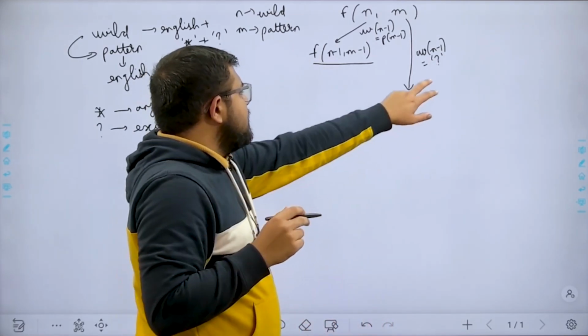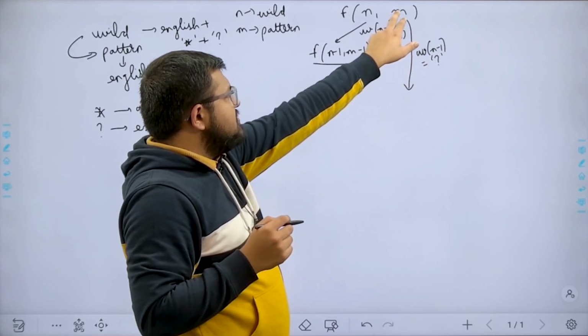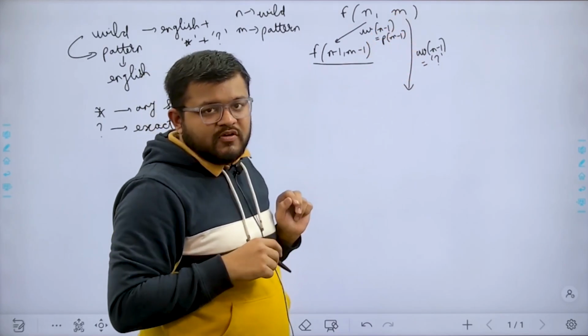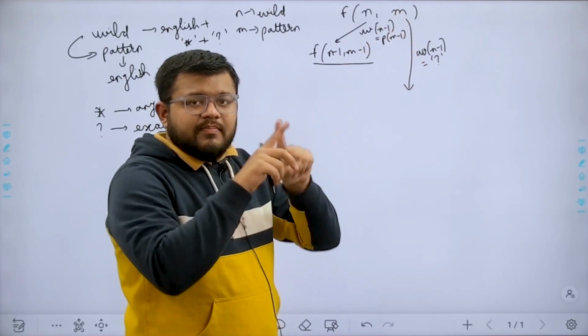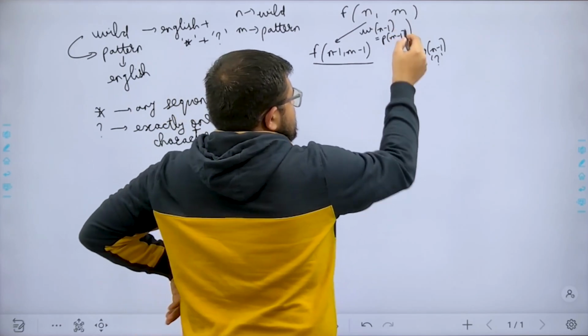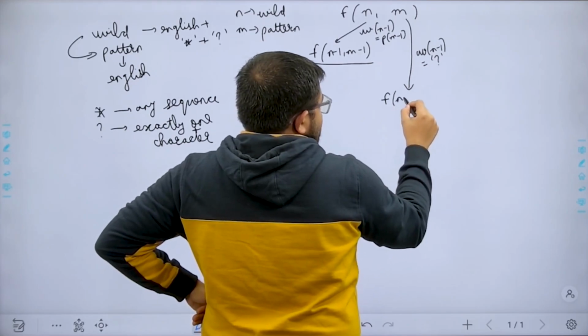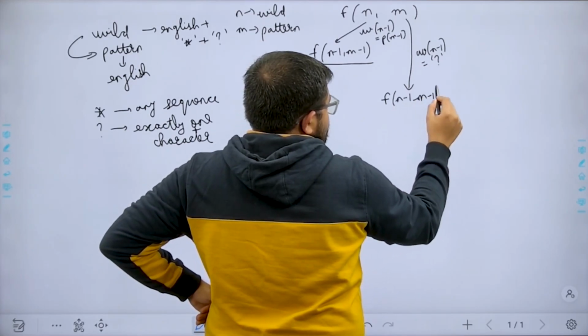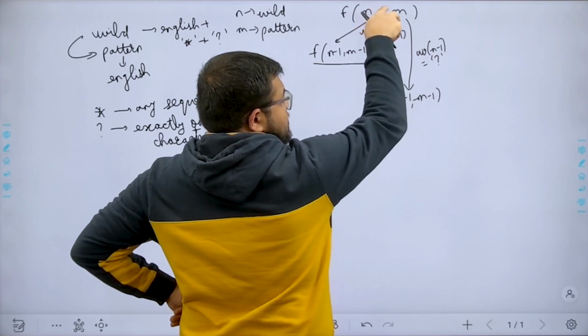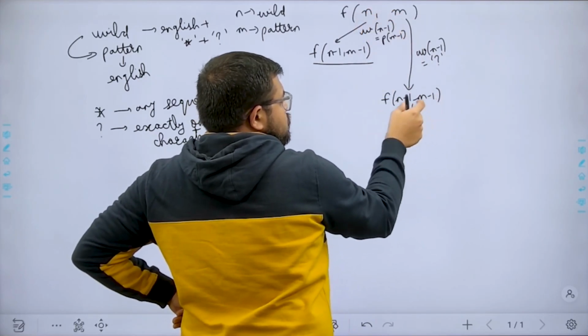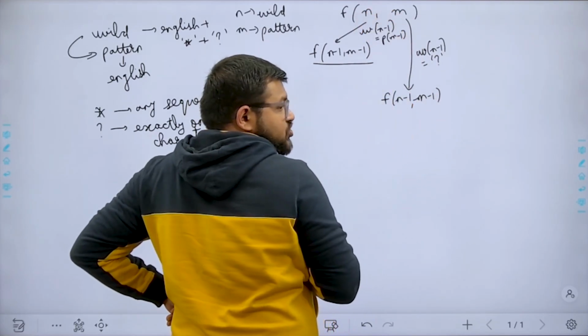If it is a question mark, I can replace it with the exact same character which is at the m-1th position of the pattern string. So I'll again get the matching of the last character. So this should return me true if this is a question mark and my function f(n-1, m-1) also returns true, because only one character has matched. The remaining pattern should be generated by the remaining wild string, right?